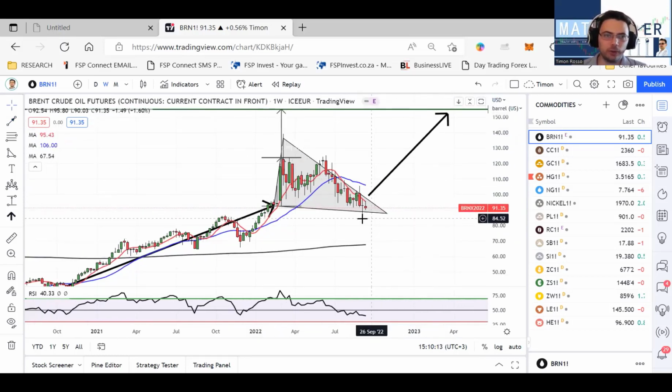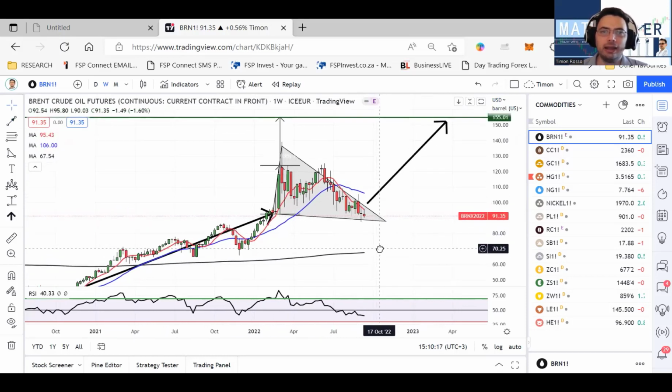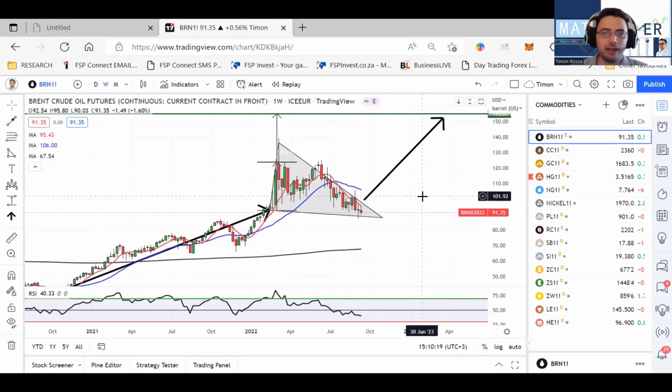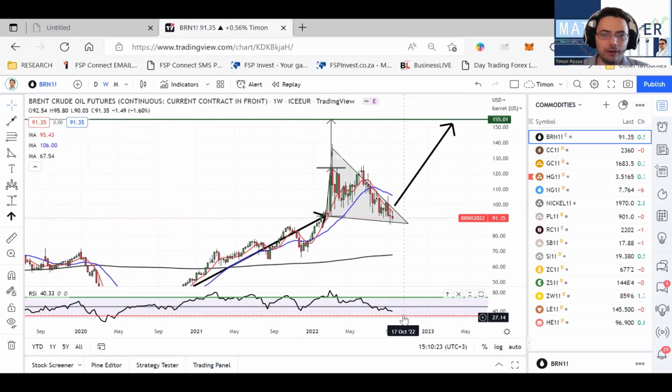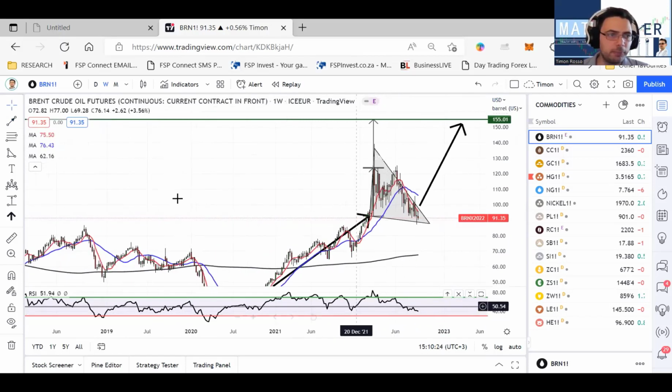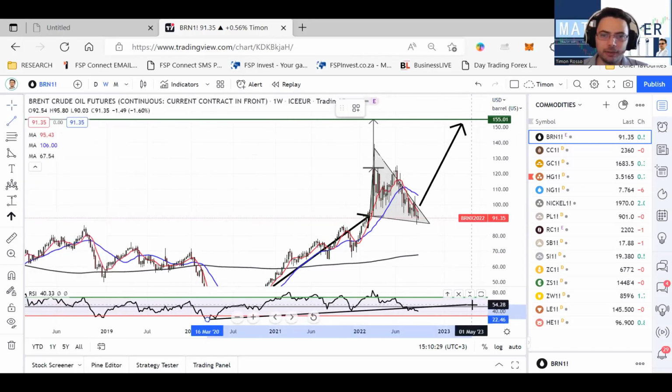It's a continuation pattern. It is a falling wedge in a rising momentum market, and it kind of confirms that there can be a recession in the making. The RSI, however, is it showing positive signs? Not really. It broke out of the higher lows, and it's broken below the mark of 50.